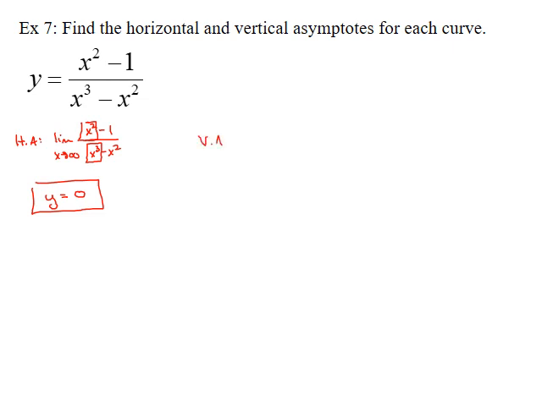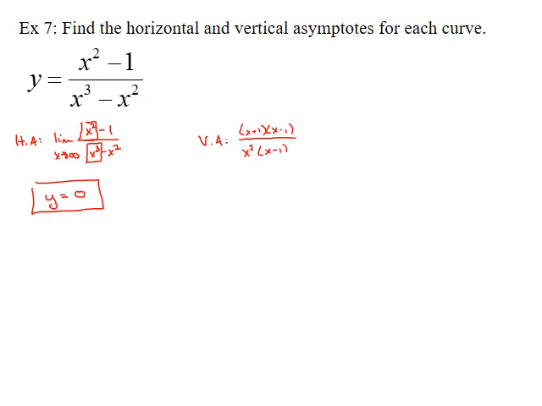For vertical asymptote, you're still going to factor everything, so factor the top and the bottom. The top is actually a difference of squares, so that factors into x plus 1 times x minus 1. And on the bottom, you're going to factor out your common x squared, which leaves you with an x minus 1 left over.